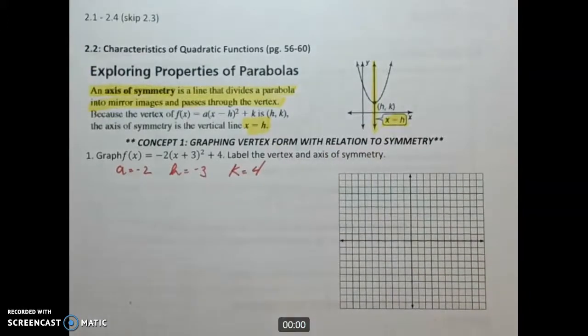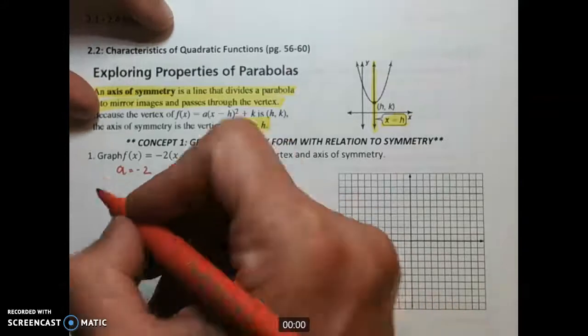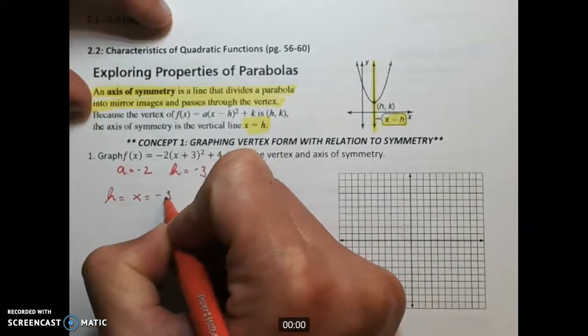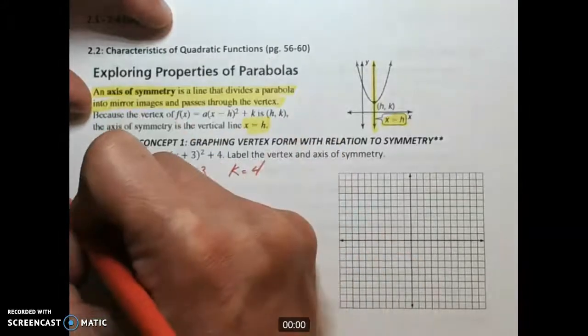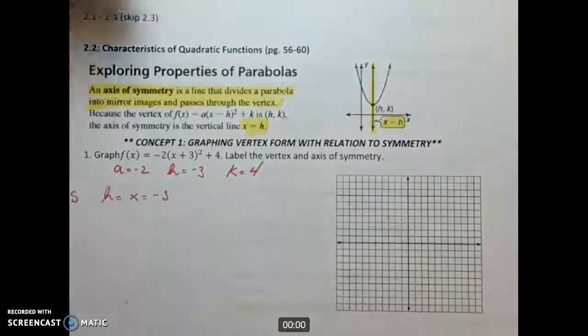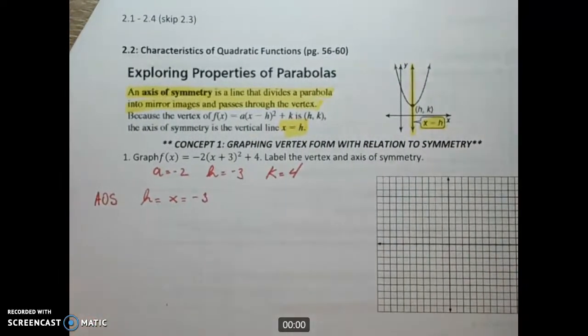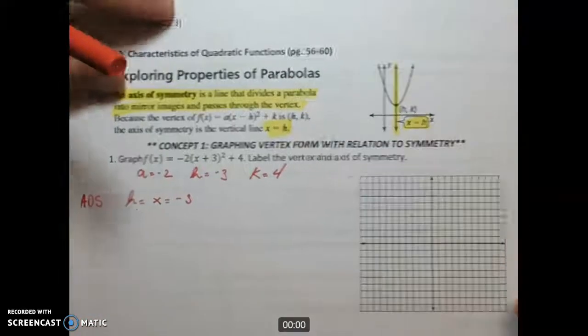Those are the three things we really need to focus on. And if I know that, then I know h is equal to x, which is negative 3, and that is my axis of symmetry. So x equals negative 3.